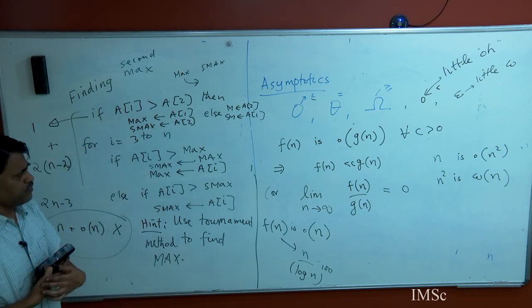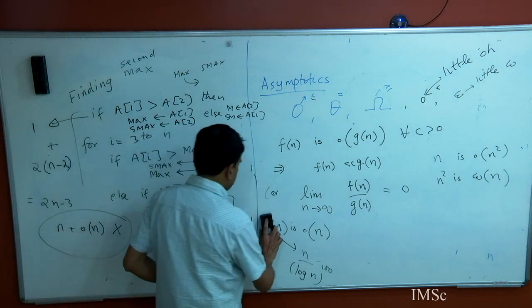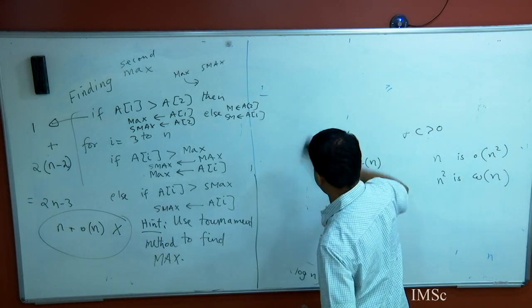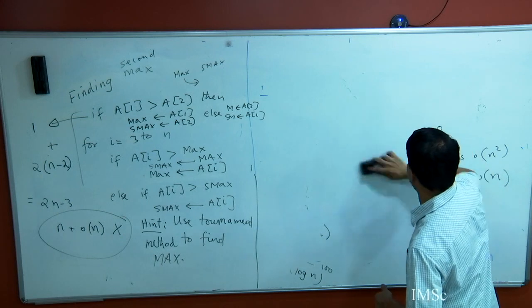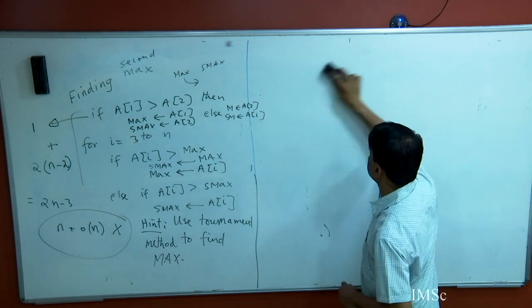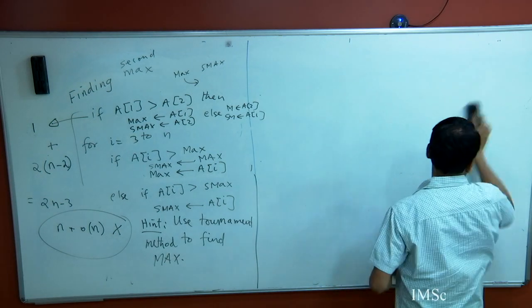So now, let's get back to merge sort, which was the algorithm which I described towards the end of the last lecture, to sort n numbers, right?